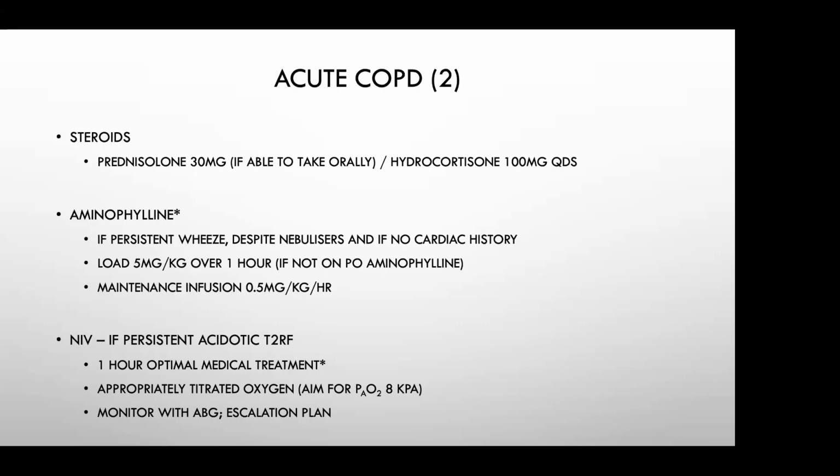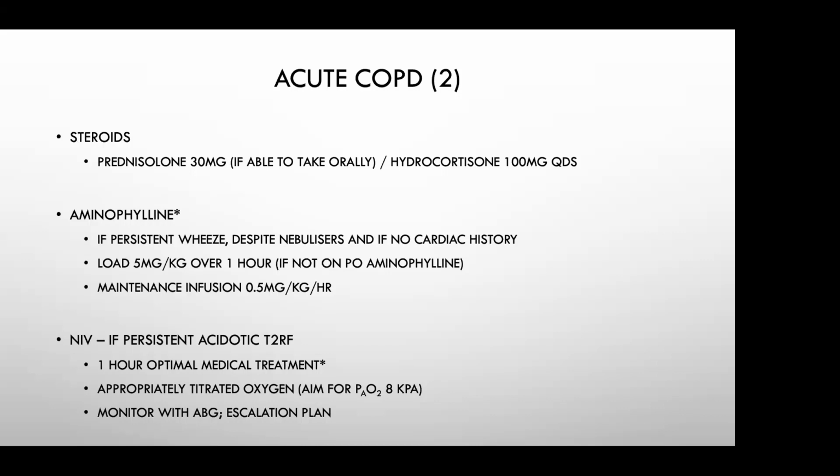Steroids, the dose is prednisolone 30 milligrams, and if they can't take it orally, give hydrocortisone. Aminophylline, I think by the time you get to this point, if they're for escalation, again, worth mentioning to the intensive care unit, but certainly worth mentioning to your senior and the respiratory team. It has actually fallen off the guidance because of the risk of cardiac dysrhythmia. But if you're backed into a corner, it is quite a useful drug to have.